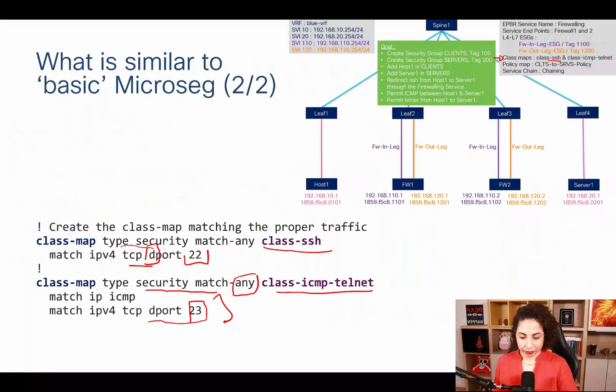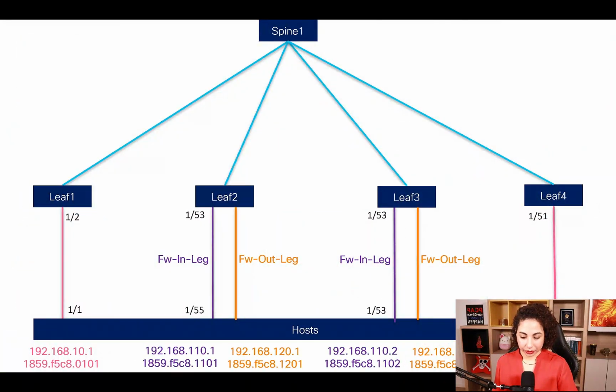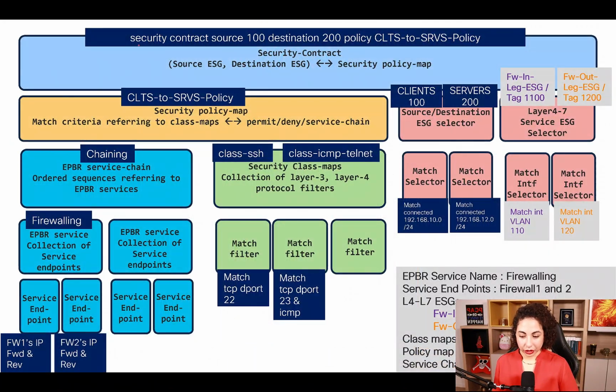And actually, as you can guess, when we do some show commands to visualize all the contracts, our contract that we configured into the service policy, meaning this one, we will configure just one line, but in the backend, this line will be automatically split into different lines to insert in the middle the ESGs of the firewalls, of the service endpoints, for both the forward traffic, and the same thing will apply exactly for the reverse traffic.